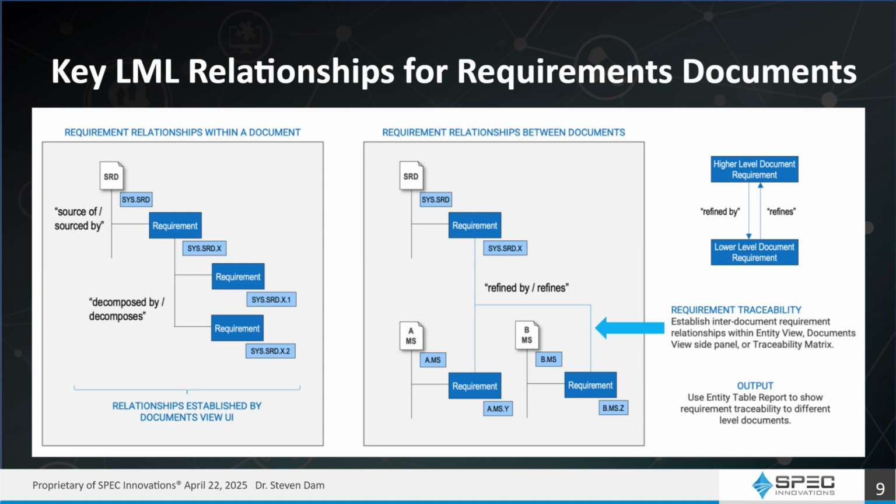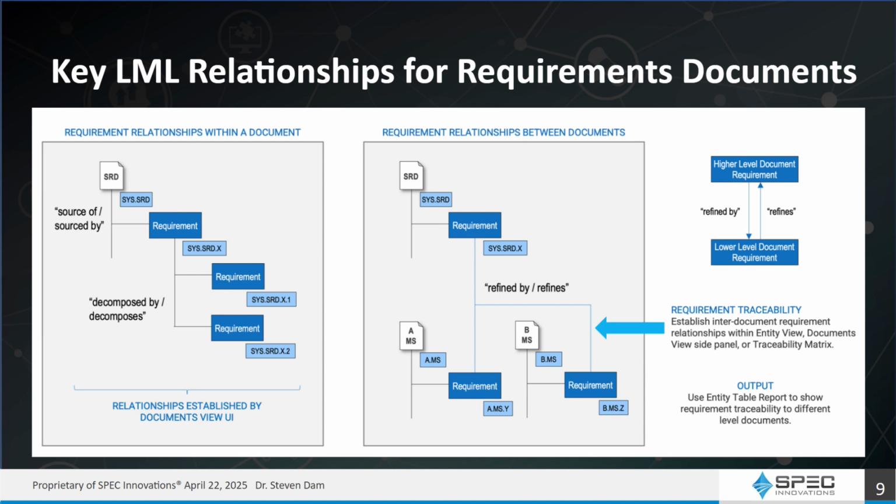Now, from that, that could be a statement or a requirement there in the document. We're showing it just as a requirement. Now then, we show the requirement being decomposed by other requirements. And that's a typical thing you would do. You have a higher level requirement like a user need, and you'd break it down to that next level of document and keep doing that until you had the full set of documentation you want.